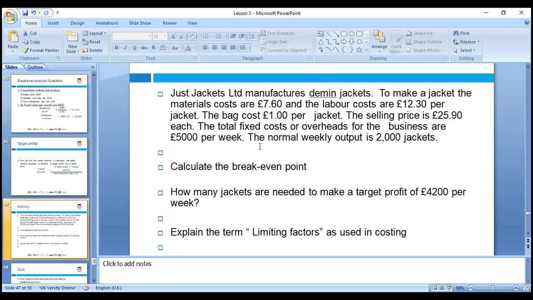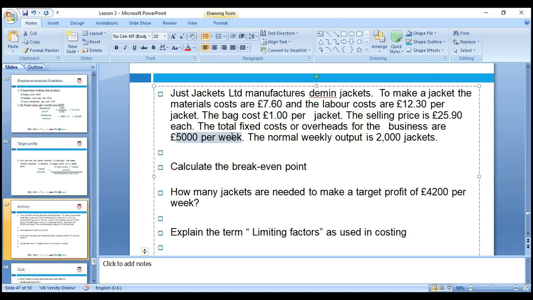Any question? No. Okay, then we have one activity I added. Calculate the break even. A break even point is fixed cost divided by contribution. So the fixed cost we have been given is 5,000.